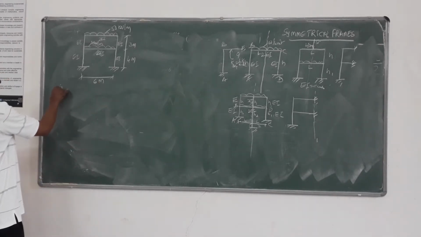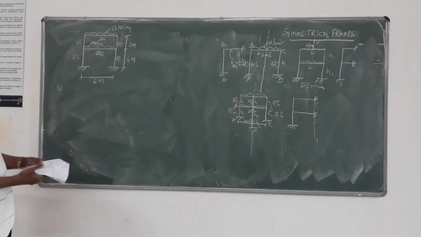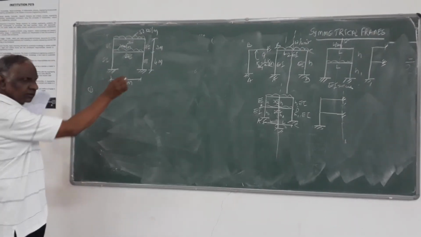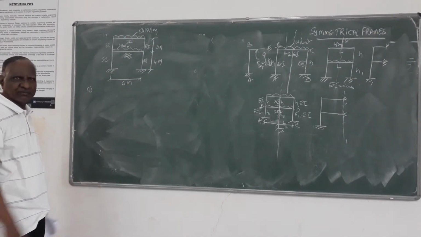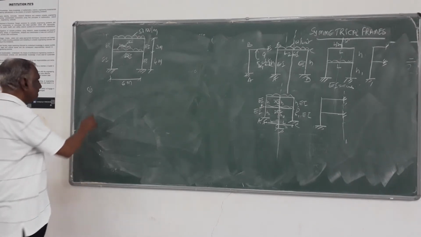So first step, of course, you need not repeat the member end forces, only the end members you have to take, because all the members we are not taking, only half of the frame we are taking. So that particular step you can skip straight away.